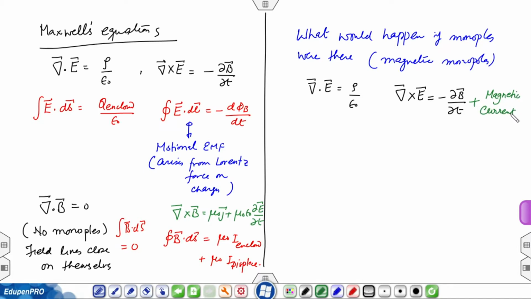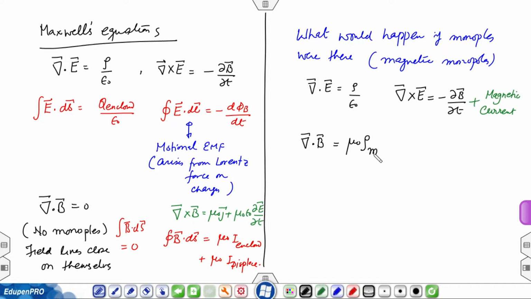Just like charge current gives rise to a magnetic field, a magnetic current would give rise to an electric field. Similarly, now divergence of B will not be 0, because now monopoles are there, and we will just say that by symmetry this will be mu naught times rho magnetic. I am going to write M for this magnetic.